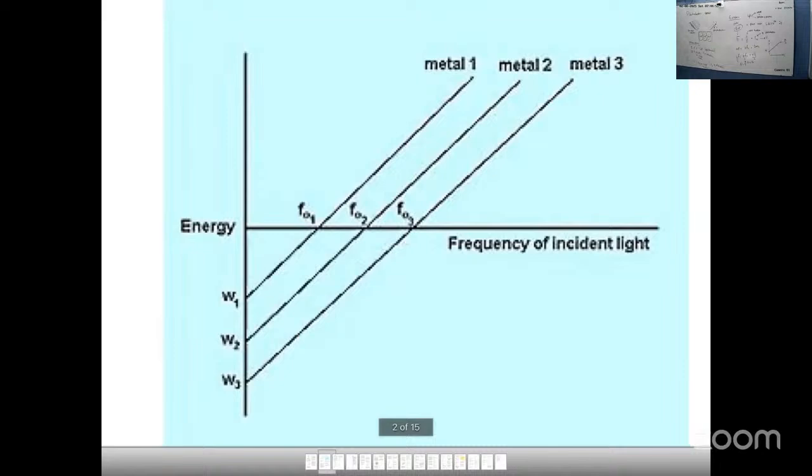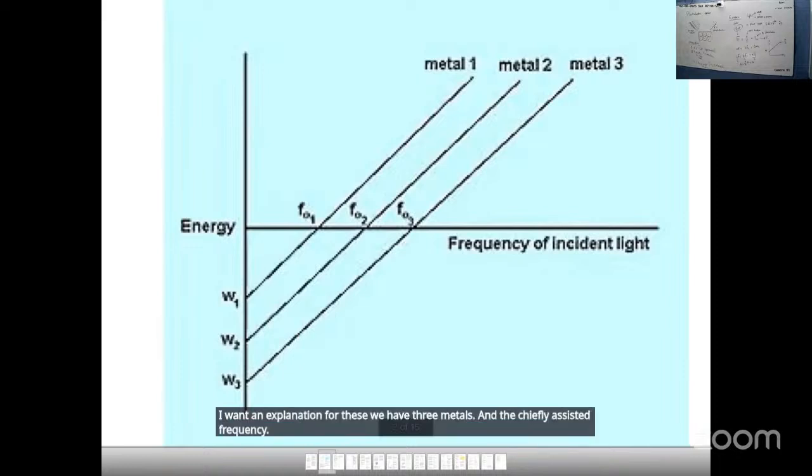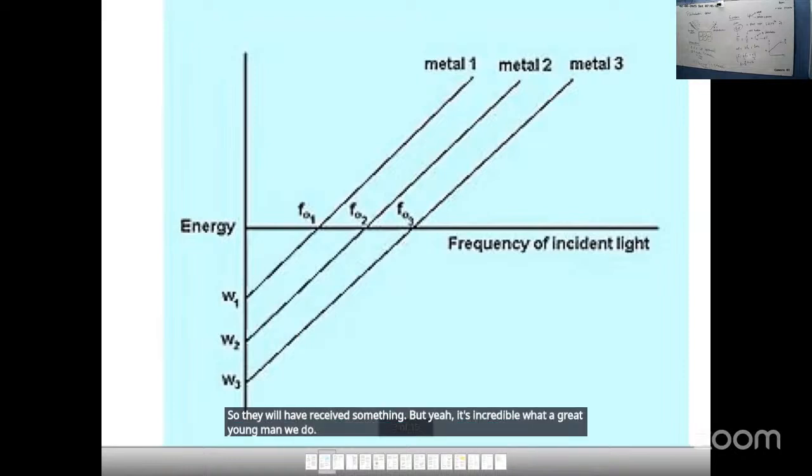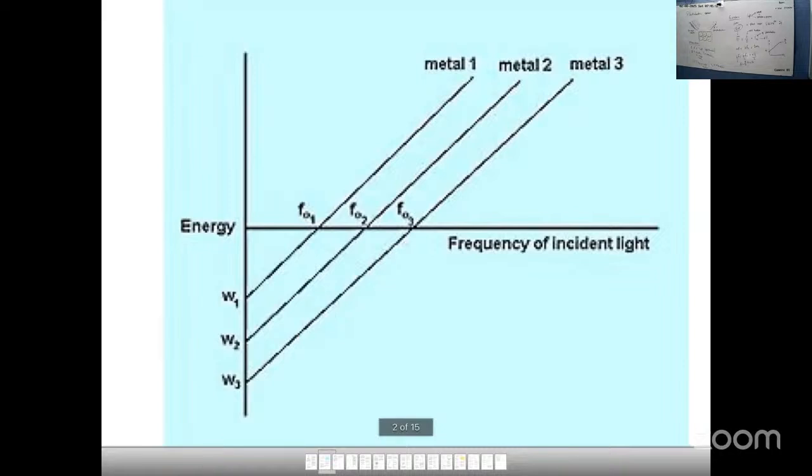I want an explanation for these graphs. Three metals, energy versus frequency. They're all parallel, so they all have the same gradient, but what does the gradient mean? Ignore the next two, let's explain one.